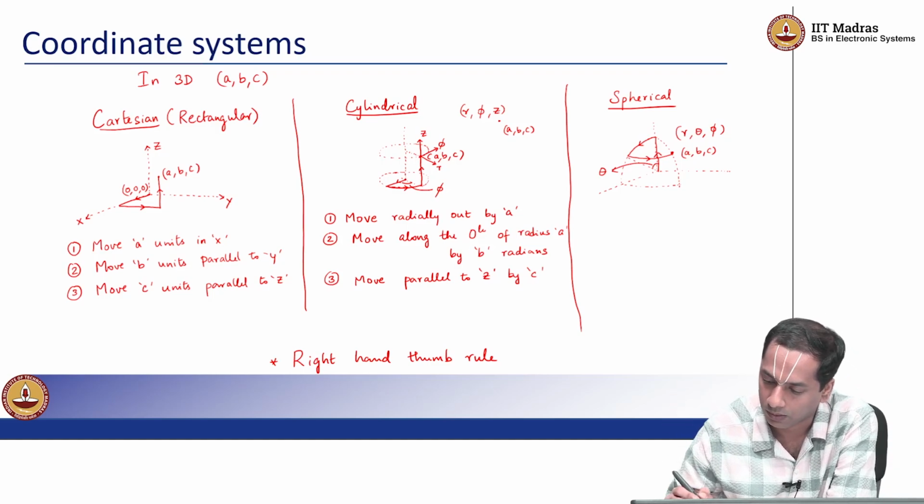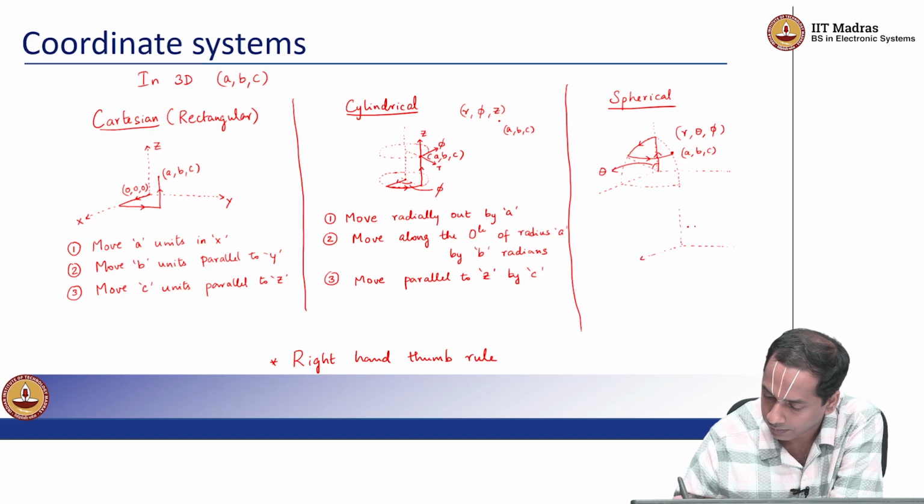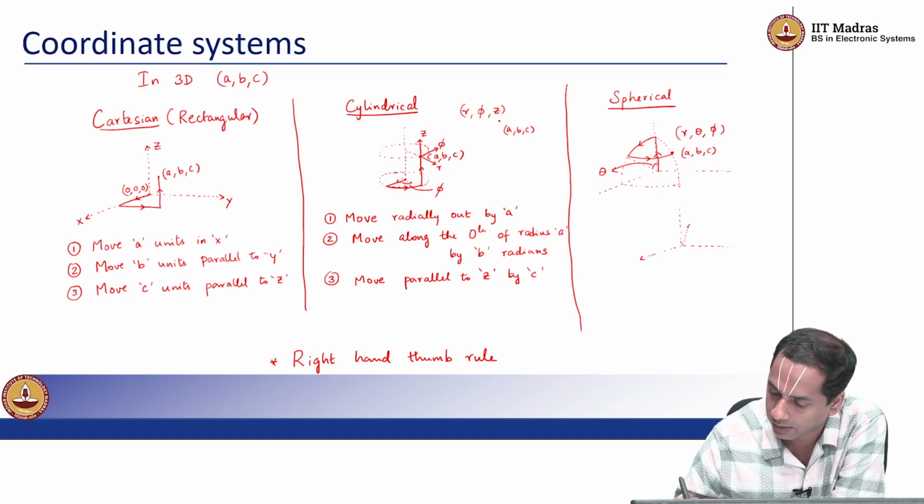Okay. So in this case, you can notice the directions for your r, theta and phi. So r is always radially outward from the core, right? So or the origin point.